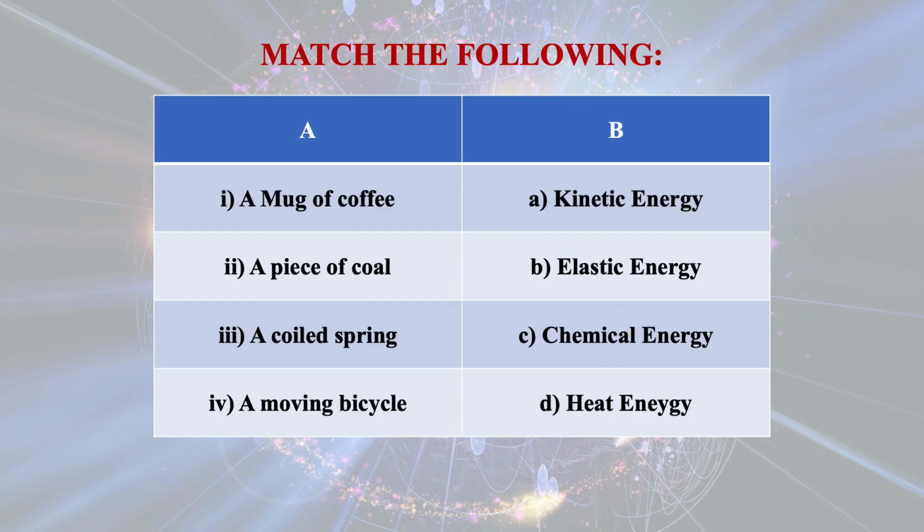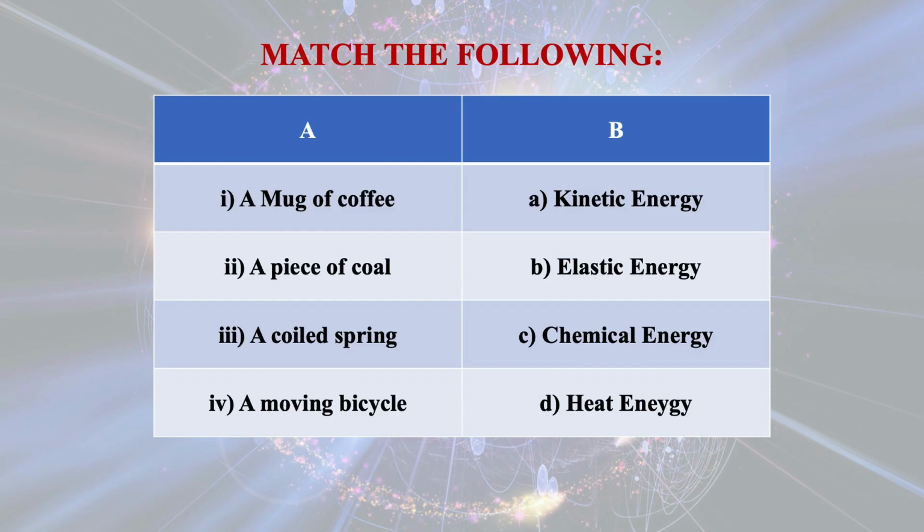A mug of coffee, definitely when you think of hot coffee, it is related to heat energy. A piece of coal, you all know that coal is a conventional fuel and chemical energy is stored in coal. So a piece of coal will be matching with chemical energy.